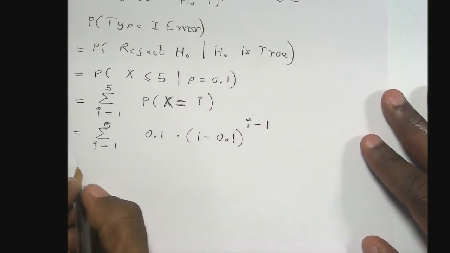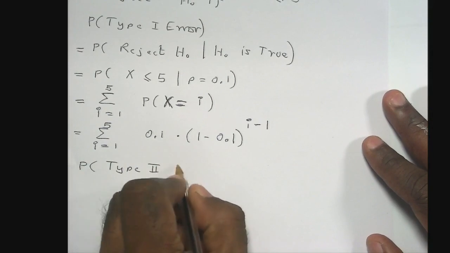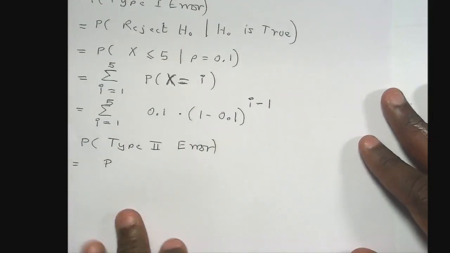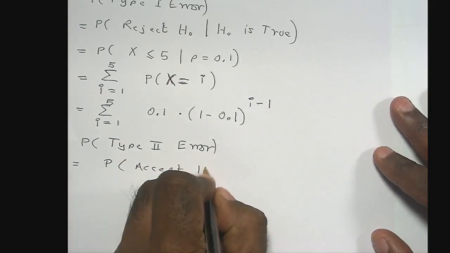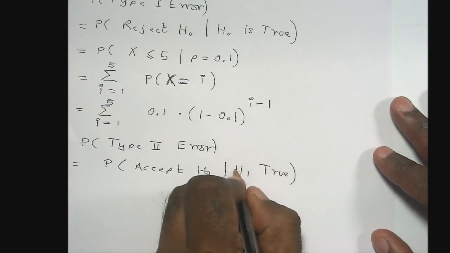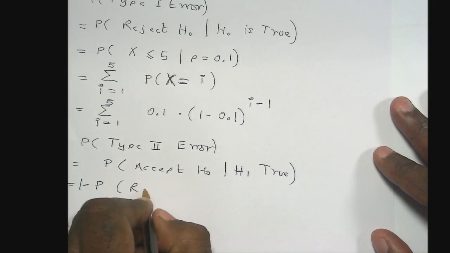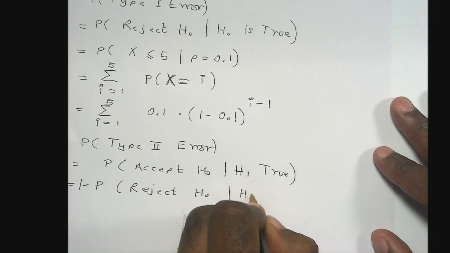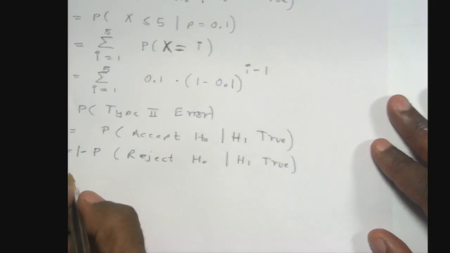And the probability of type 2 error, remember, is the probability of accepting H0 when H1 is true. So this is 1 minus the probability of rejecting H0 when H1 is true, by the negation rule.